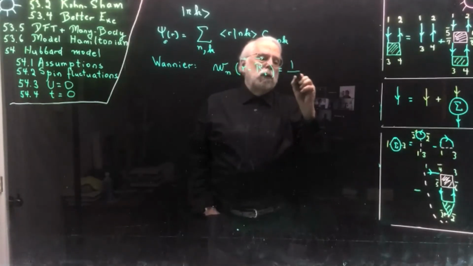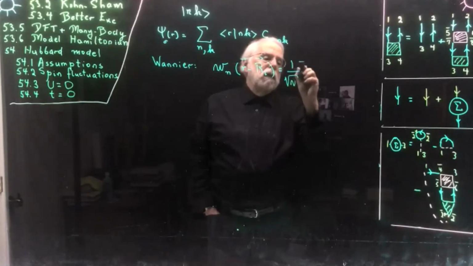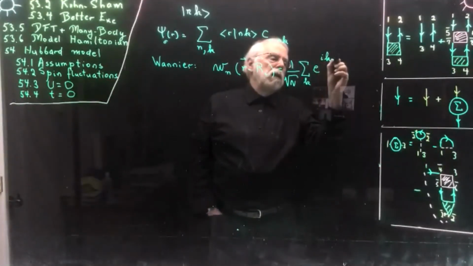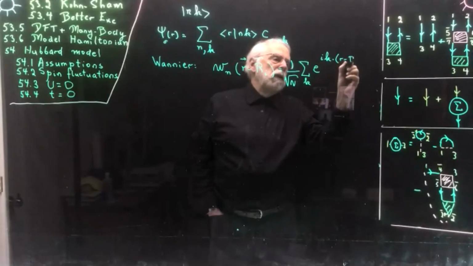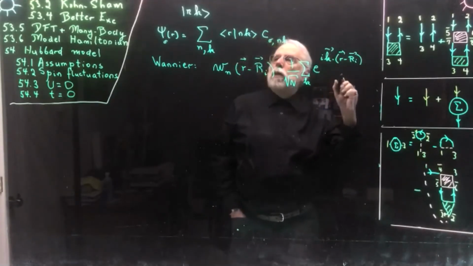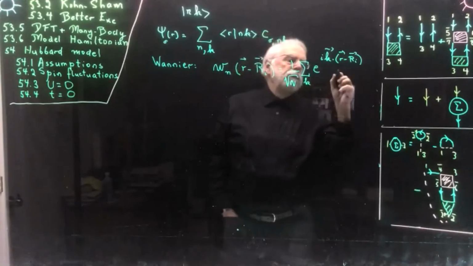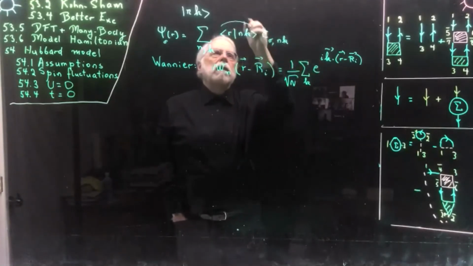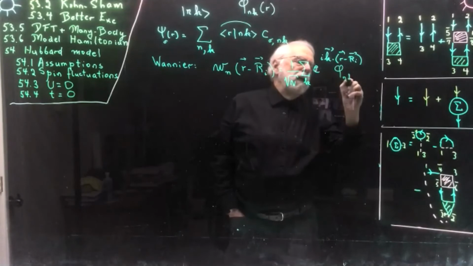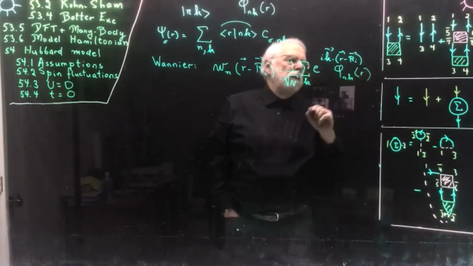So it's 1 over square root of N, sum over k of e to the i k dot (r minus R_i), times this Bloch function. Let me call this phi n k of r.